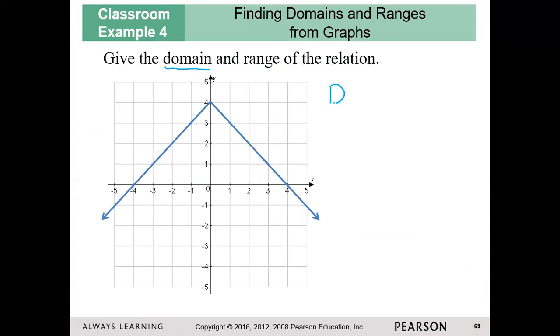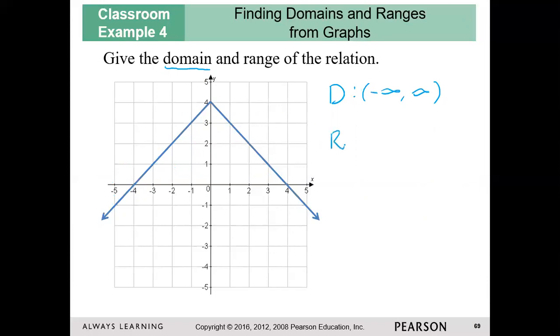So the domain here is going to be all real numbers. And if you remember how we represent that, we can use interval notation: from negative infinity to positive infinity. There is your domain. It is your set of possible x values, not just what you can see, but what is possible within this graph, okay?